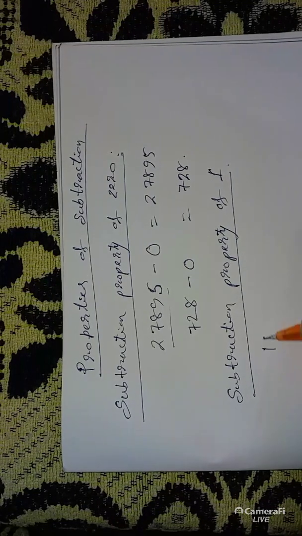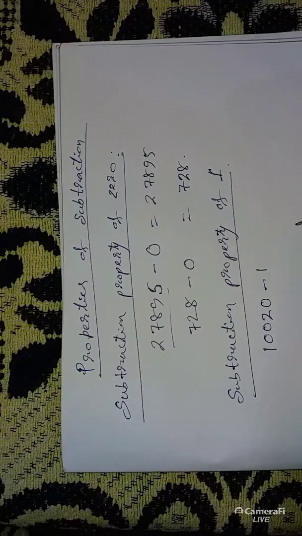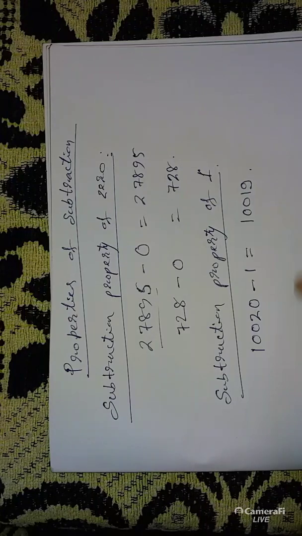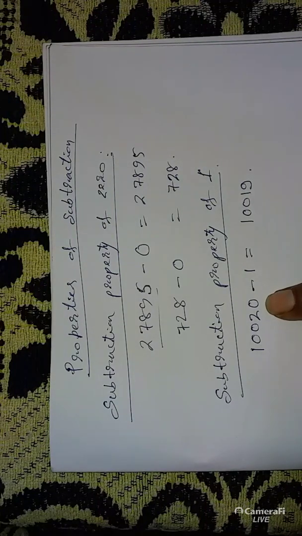Suppose the number is this. If we subtract 1, then what will be the result? Just its previous number. So, the previous number is 10019. So, we get the predecessor of this number, 10,020.